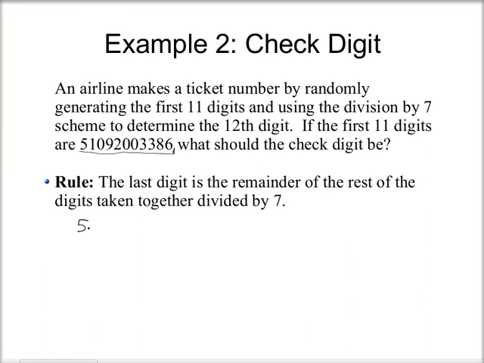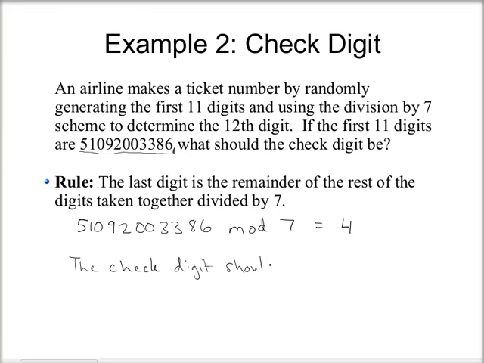So if I go to Google, I'm going to type 5109200386, and I want to find the remainder divided by 7. So mod 7, and Google is going to tell me that that remainder is going to be 4. So that means the check digit should be 4 for this airline ticket number.